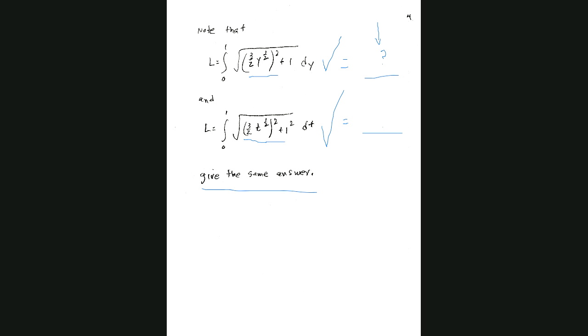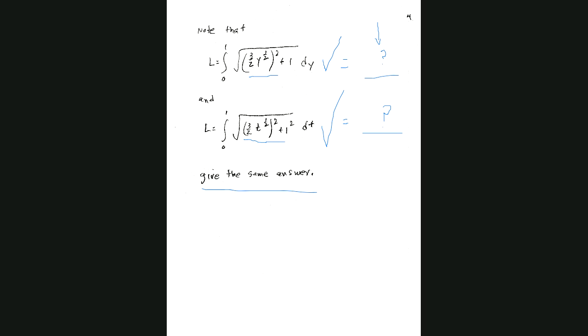How did we get the 1? We got the 1 because the arc went from 0, 0 to 1, 1. So one of the t-limits has to be 0, and the other t-limit has to be 1.